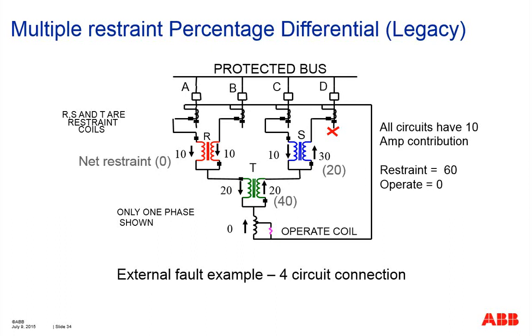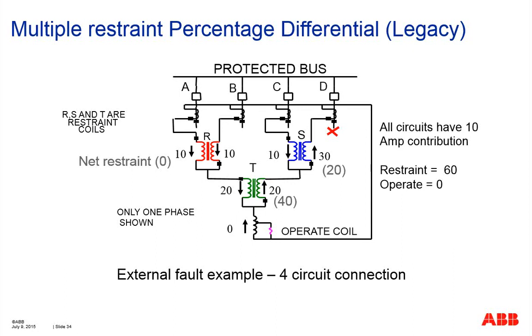What is the concept of restraint? If you have a restraint winding, the higher the current through the restraint winding, the higher the operating current that you need to operate the relay. So effectively, the restraint concept makes it harder to operate the relay when you have current going through the winding.